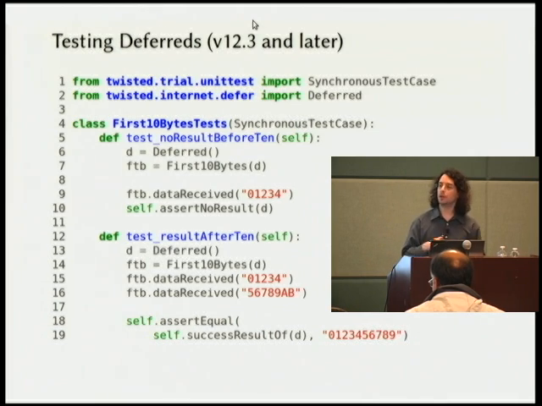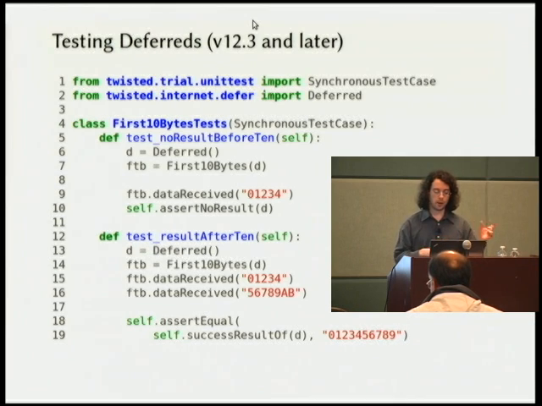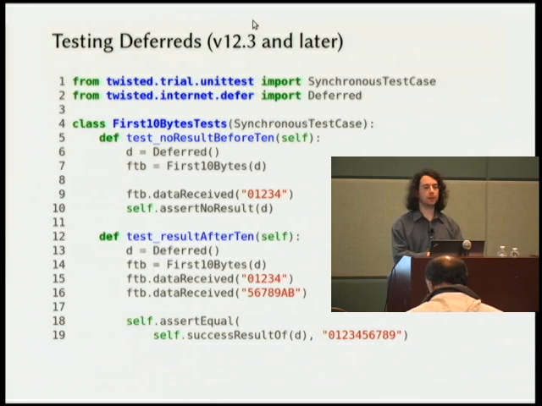In our second test, we again create a deferred, create a protocol that has a reference to it, and then we receive first 5 bytes, and then another 7 bytes, and now we've received 12 bytes. And so we call a function called successResultOf a deferred, and it extracts whatever the deferred has as its result.